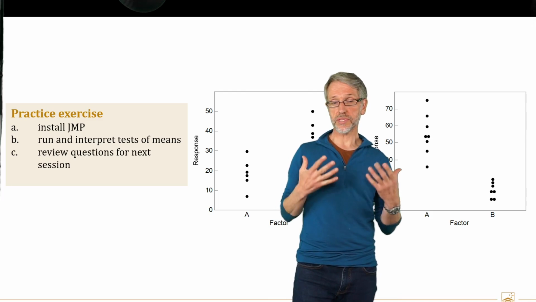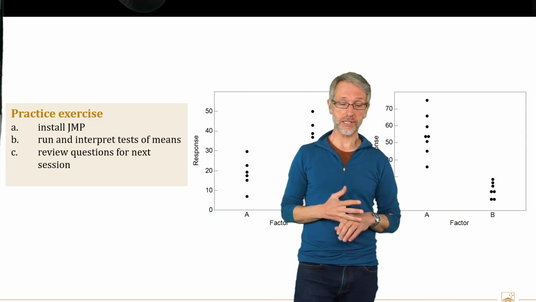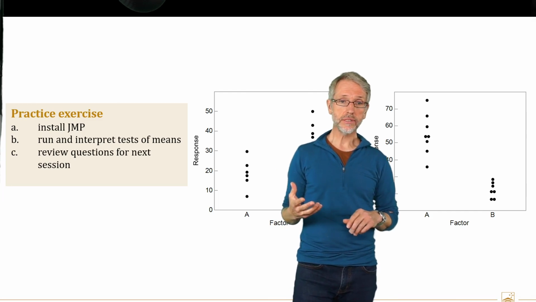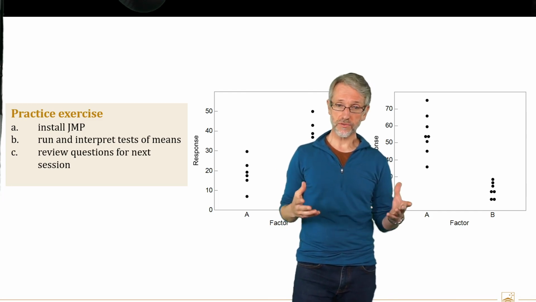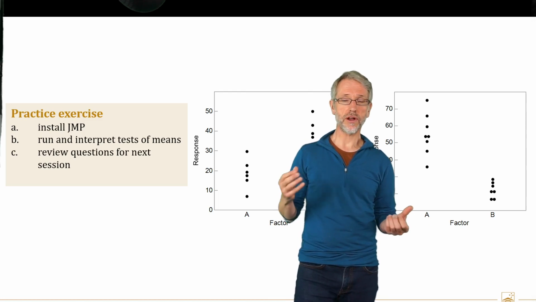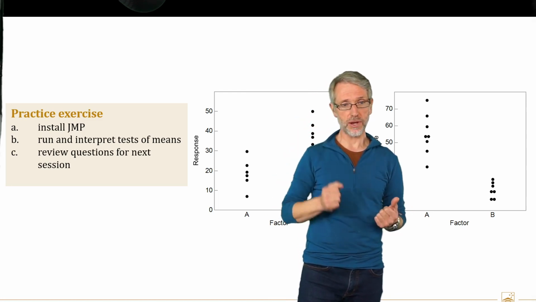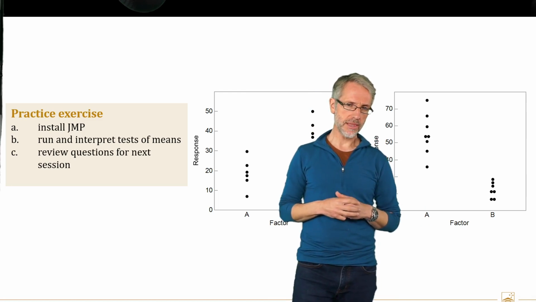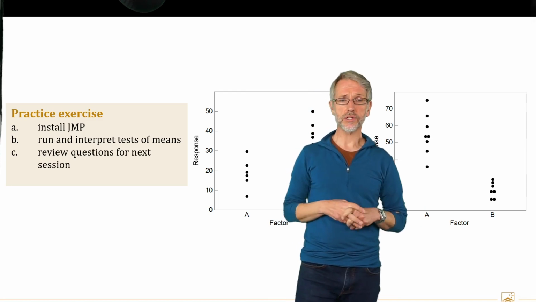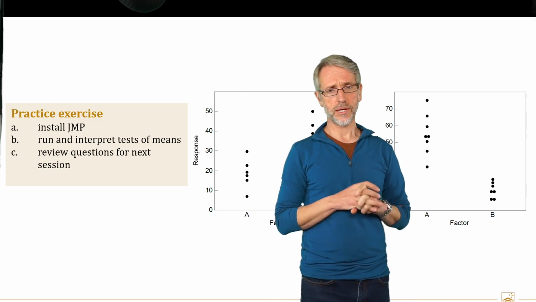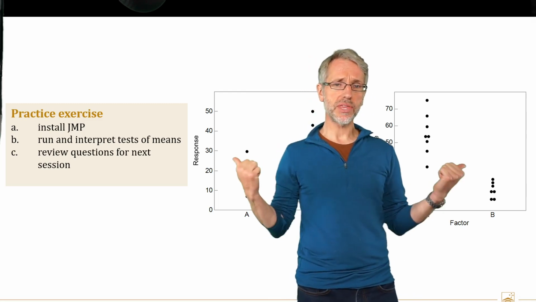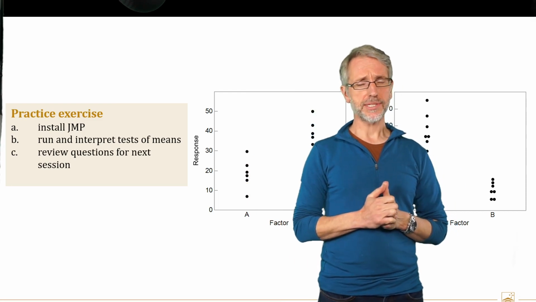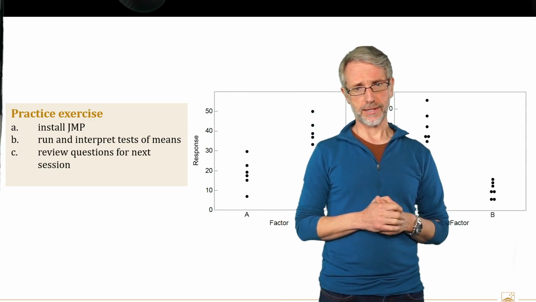Then use the prac guide, the practice exercise guide, to run and interpret the tests. 2 different tests, one using equal variance, one using non-equal variance. And then have a look at the questions in that guide, because I'm going to ask you questions about the data and the analysis in our first stats session on the first day.